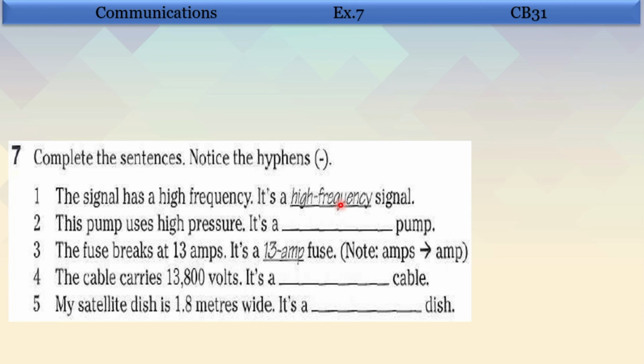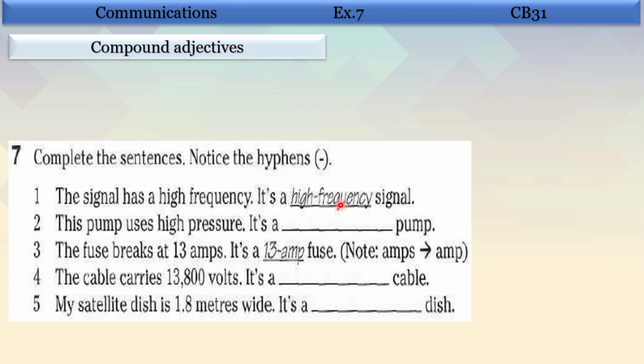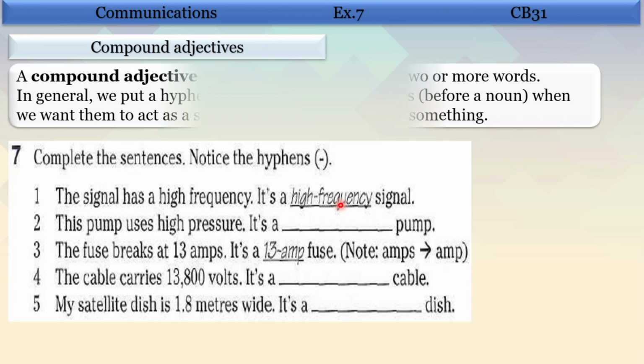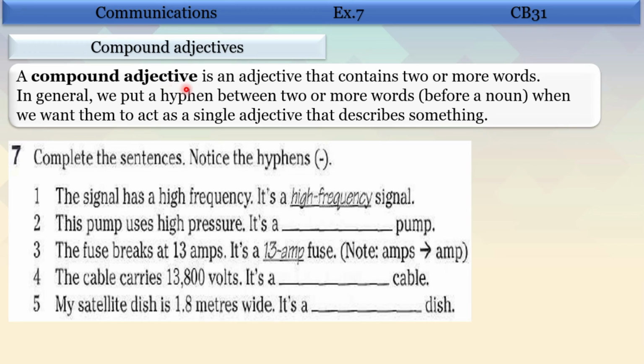They are called compound adjectives. A compound adjective is an adjective that contains two or more words. In general, we put a hyphen between two or more words before a noun when we want them to act as a single adjective that describes something.